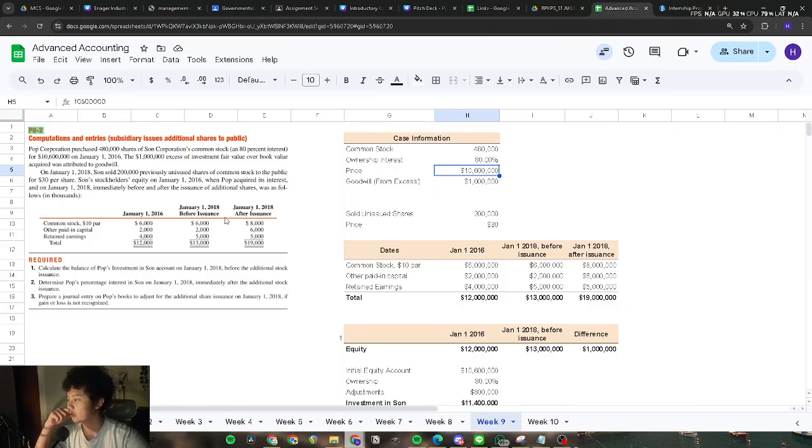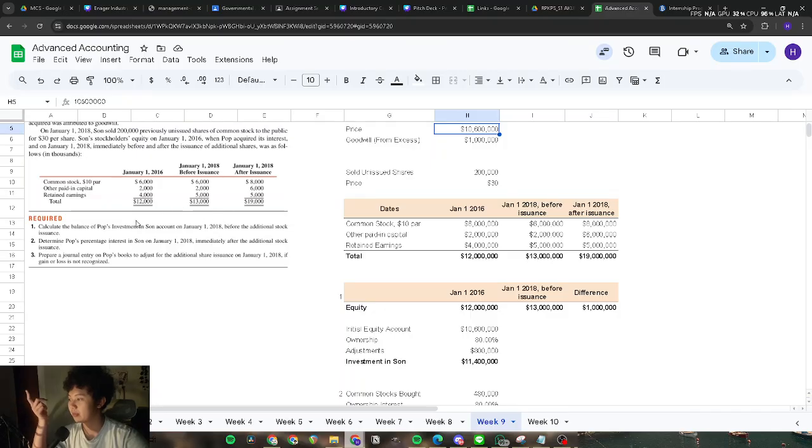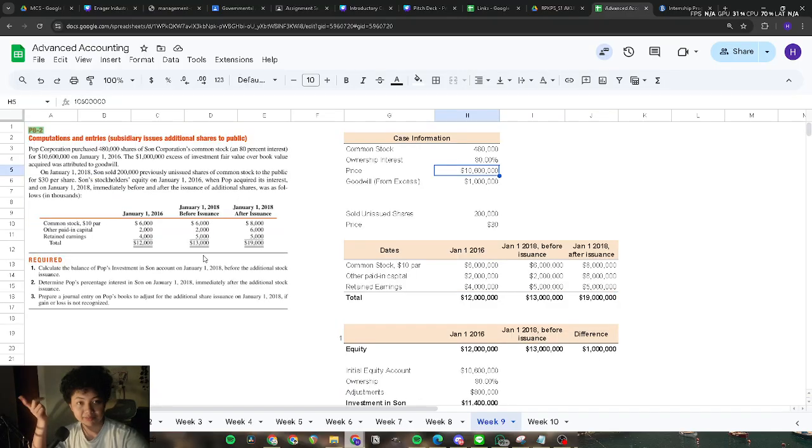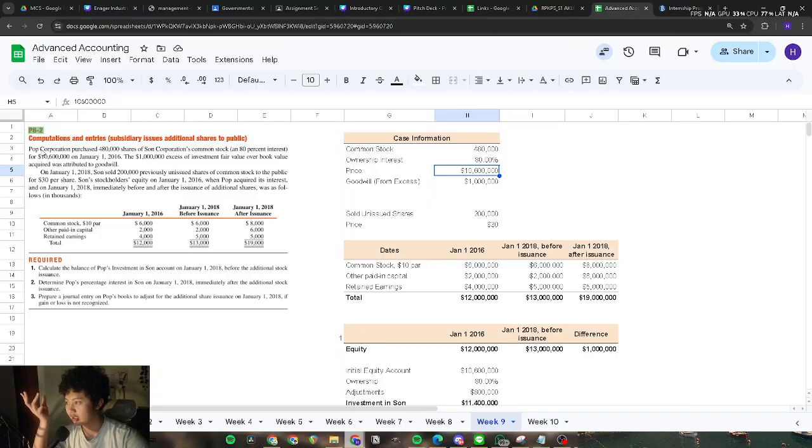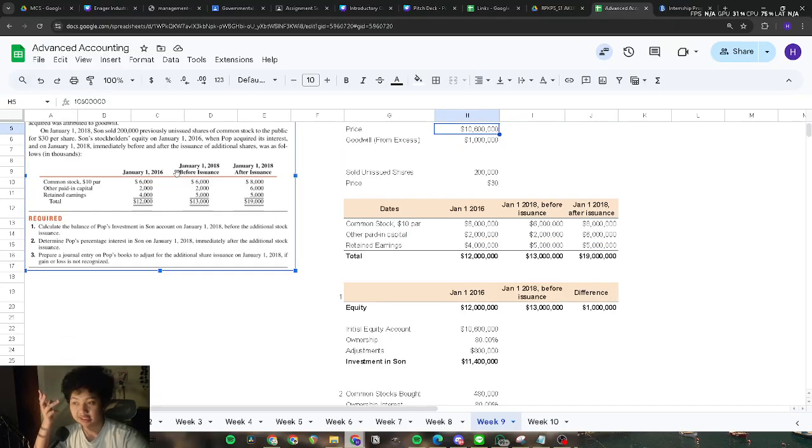Okay, so first we need to calculate the balance of the investment account. What we need to understand from this is that your equity, or the investment account, changes because during the time you own the company, it actually sold some of its stocks.